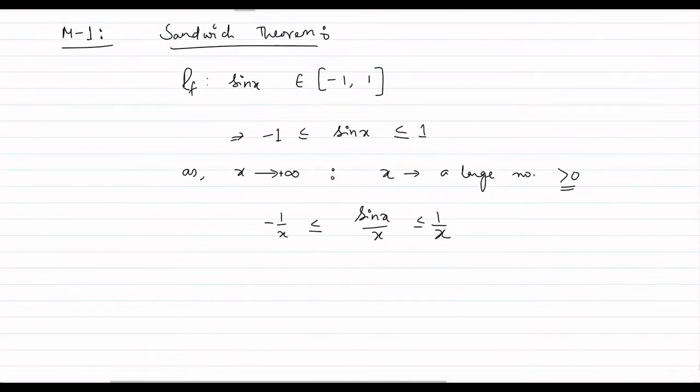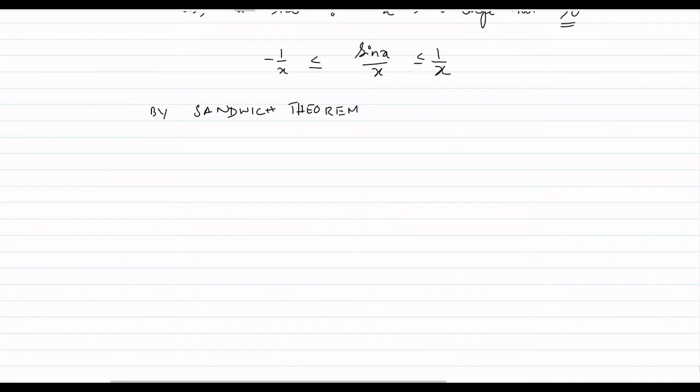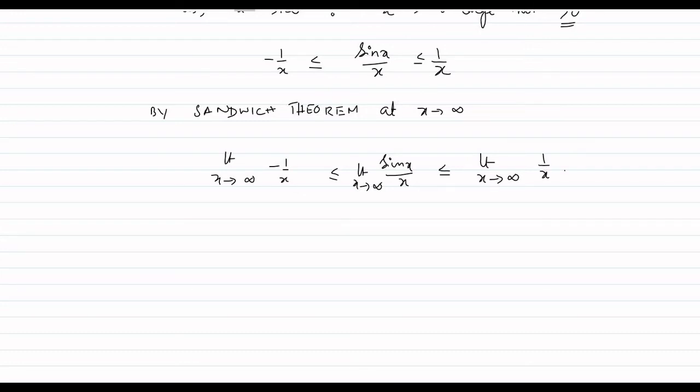Now if we apply Sandwich Theorem here, by Sandwich Theorem we can easily write limit x tends to infinity of -1 by x less than or equal to limit x tends to infinity sin x by x less than or equal to limit x tends to infinity 1 by x. This value we have already got to know. This will be 0 and this will again be 0.